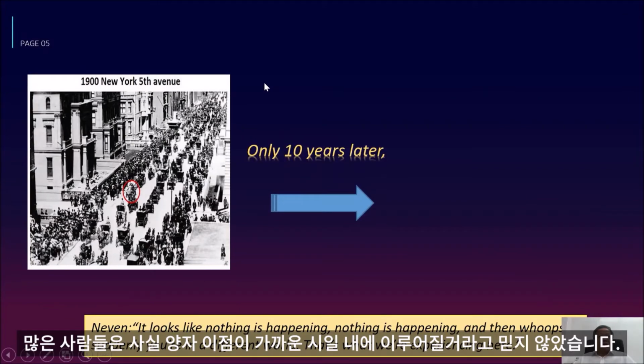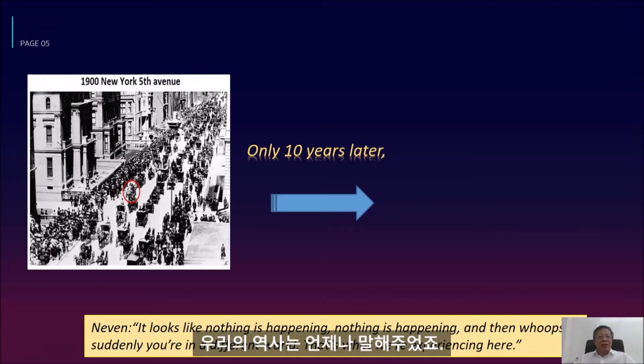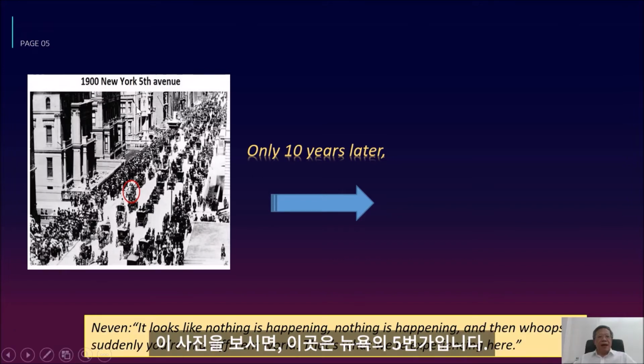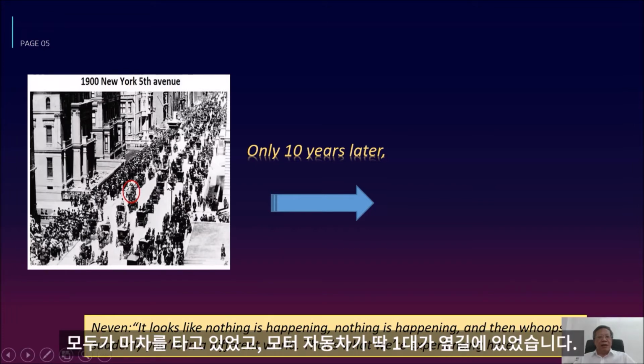A lot of people don't believe the quantum advantage year will arrive so soon. However, history always tells us. If you see this photo, it is New York's Fifth Avenue, and at that time, a traffic jam, very crowded. However, only station wagons were there.